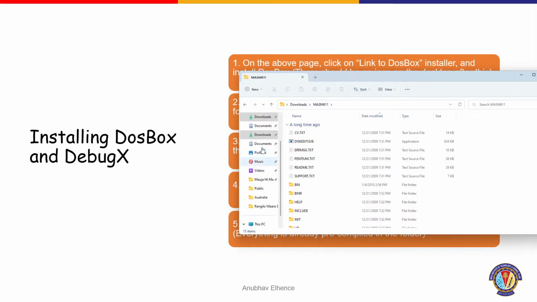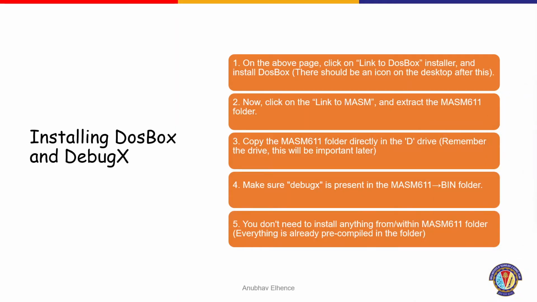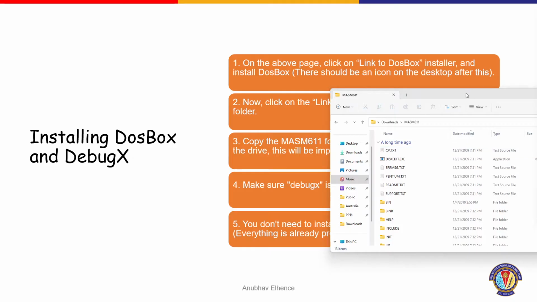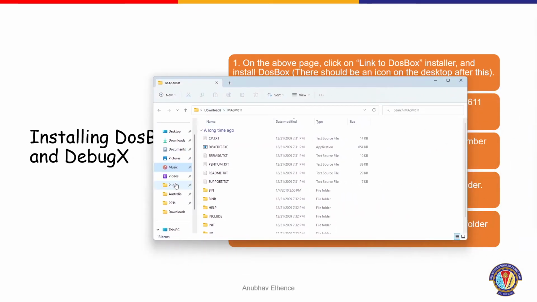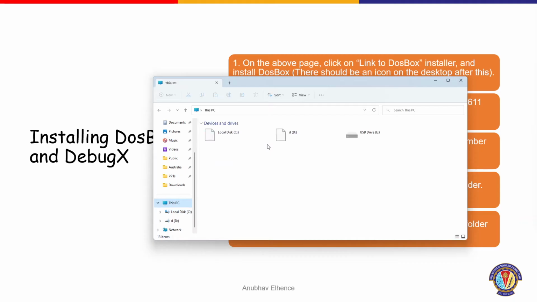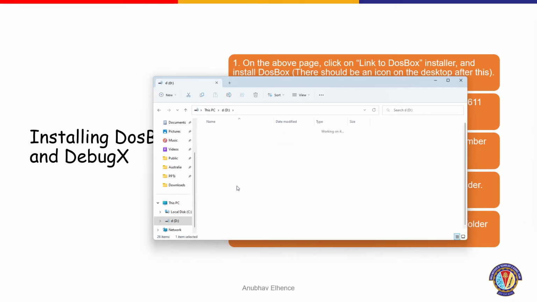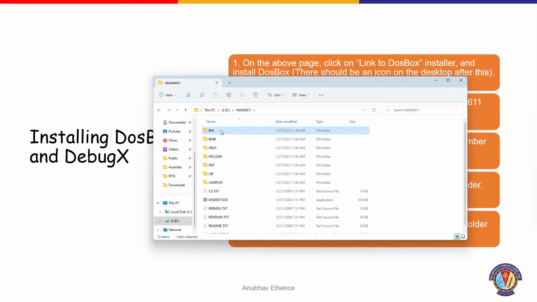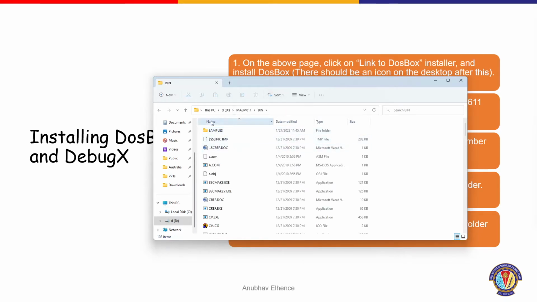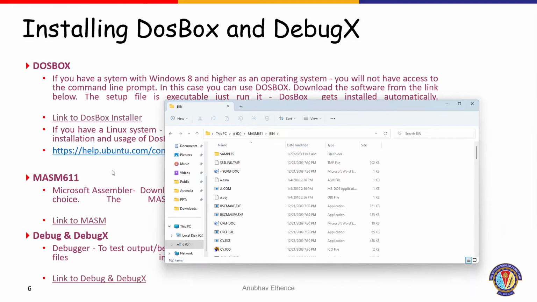Just copy the entire folder into the D drive. I have copied it to my D drive, and inside that there'll be a bin folder. The third link, debug and debugx, extract that, and whatever files you see inside that folder, you have to paste inside the bin folder.